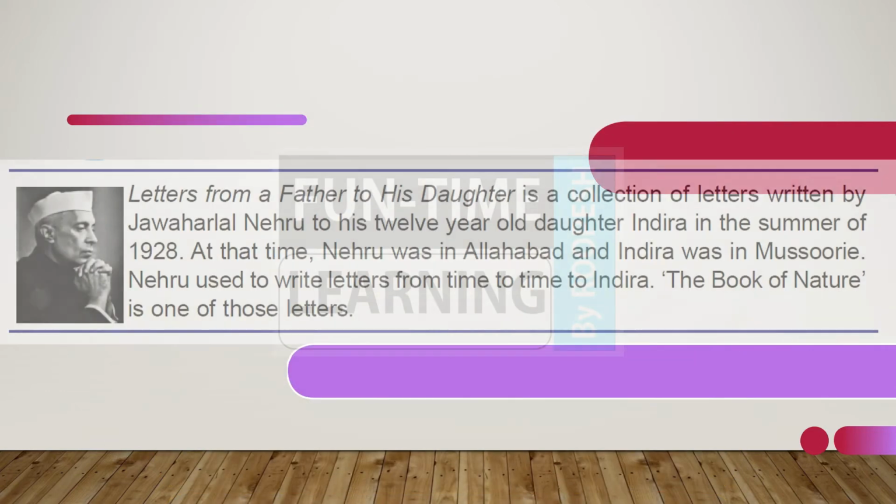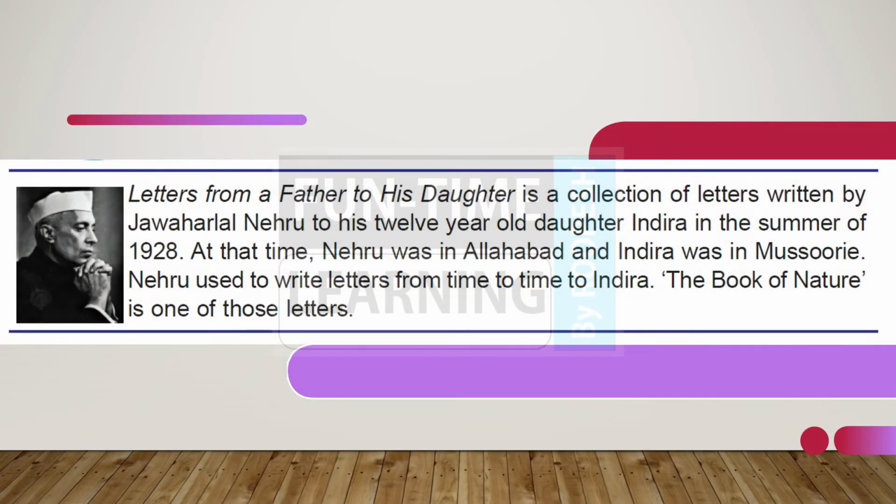So the next part of our chapter unit is called the Book of Nature, and it is taken from our former Prime Minister, the first Prime Minister of India, Jawaharlal Nehru.